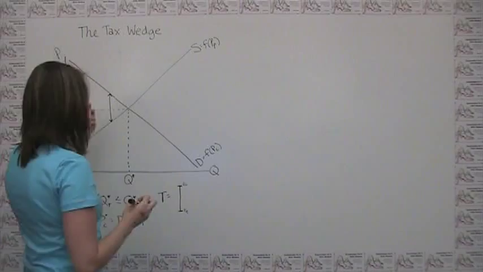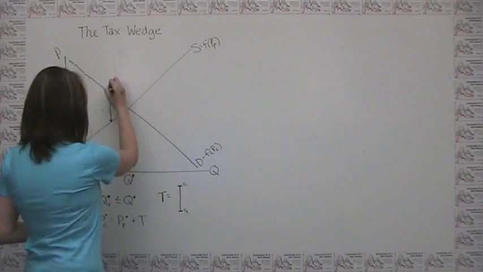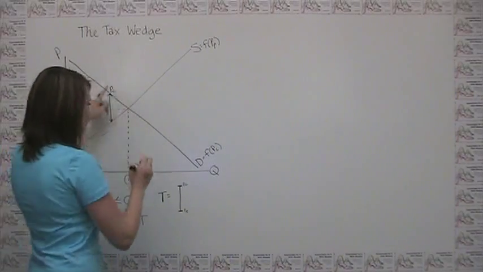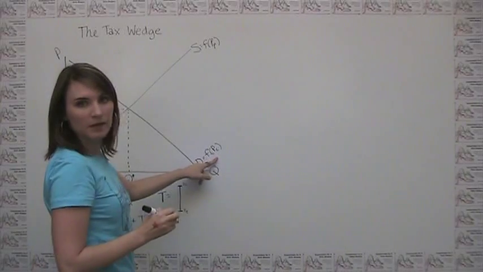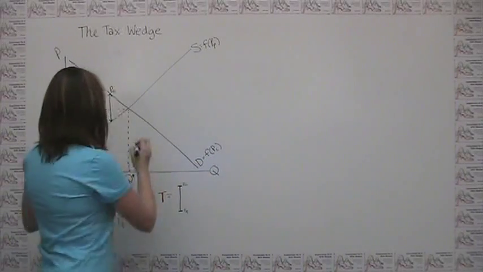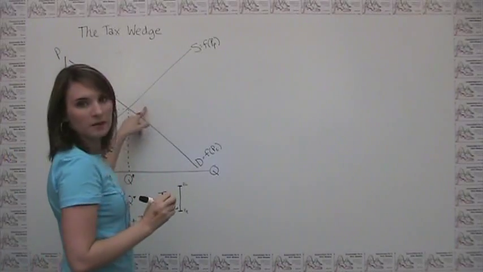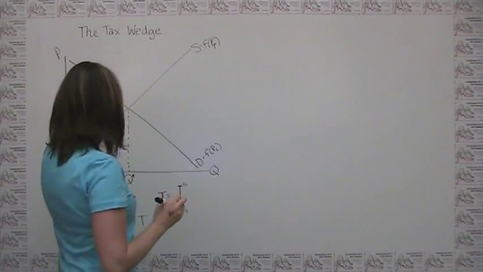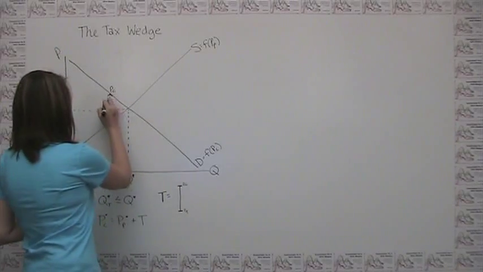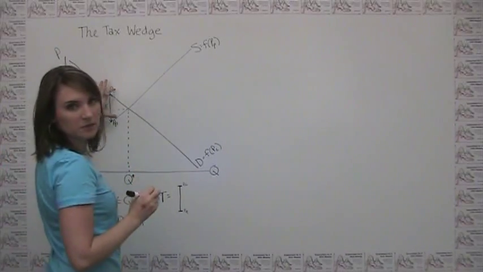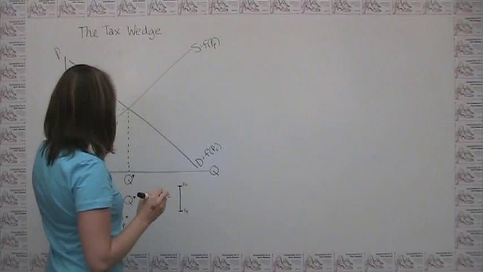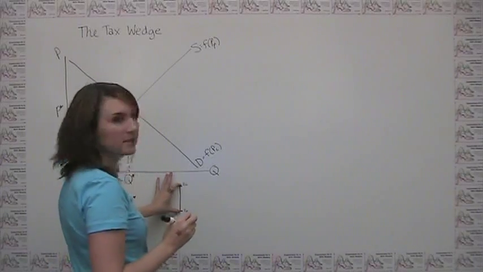Here we notice that the difference between the price that the consumer pays, which is what the demand curve gives, and the price that the producer gets to keep, which is what the supply curve gives, is exactly, or as reasonably as we can draw here, the amount of the tax.